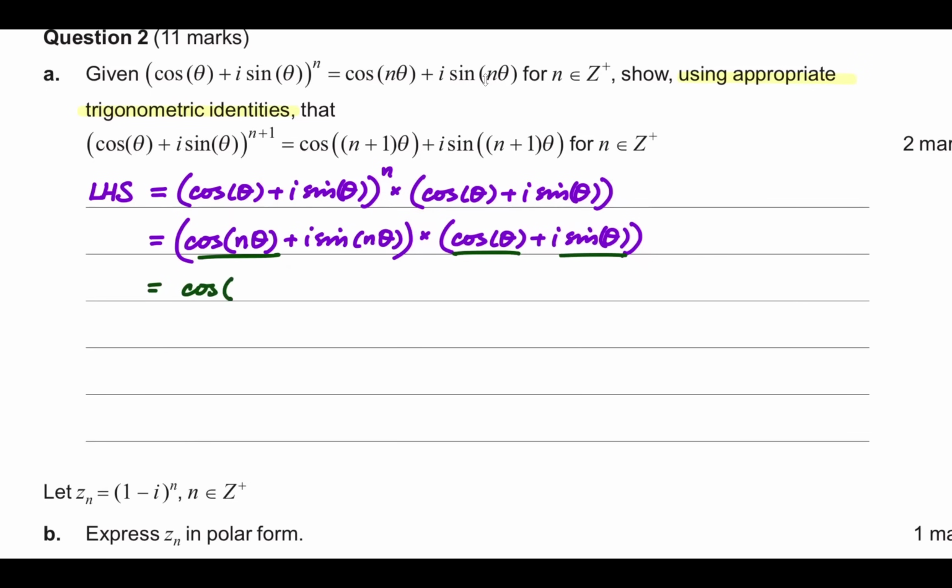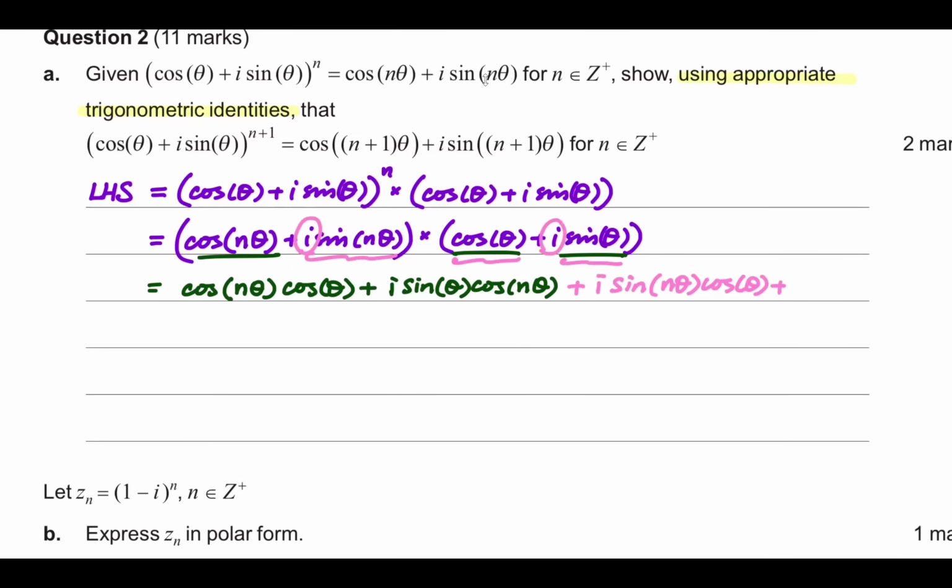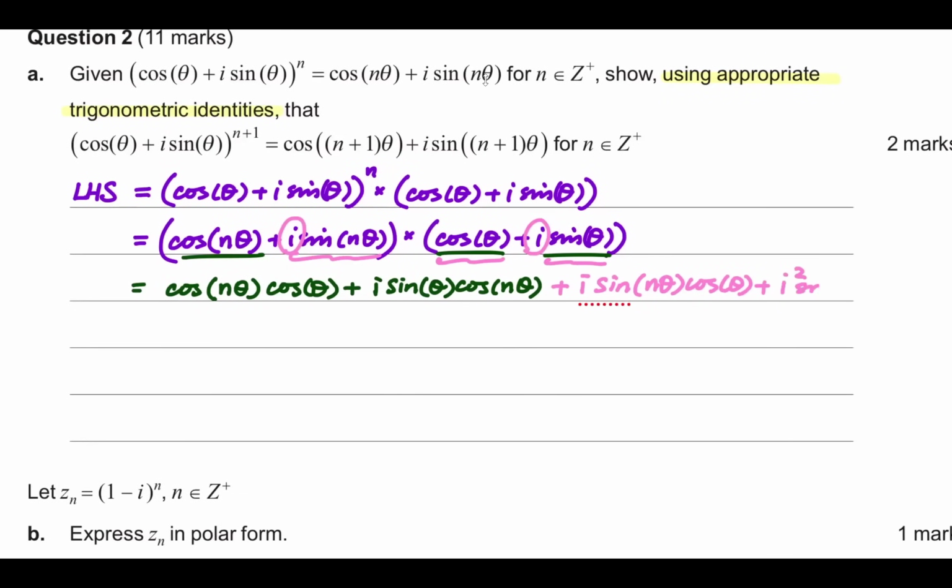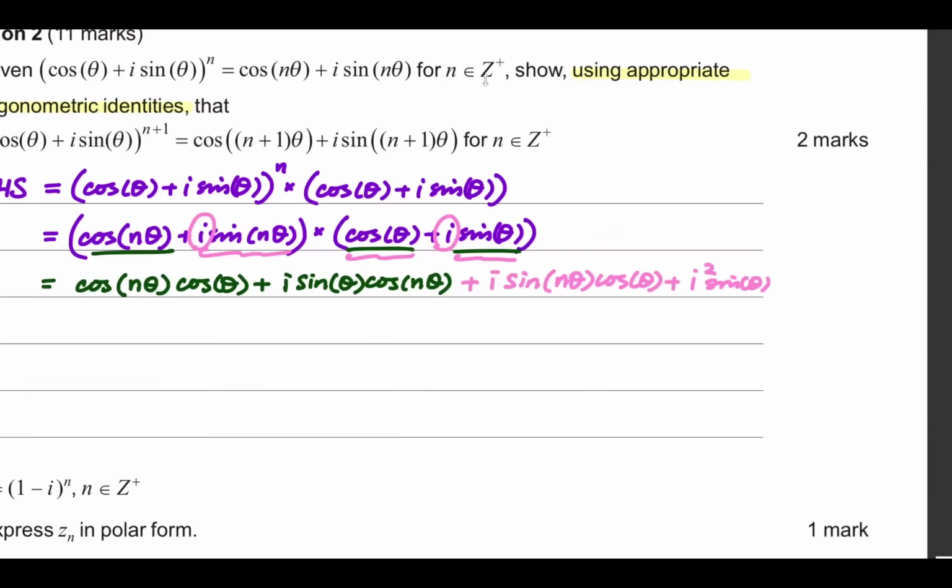So use the distributive law: cos n theta times cos theta, plus i sin theta cos n theta, and then you need to multiply these terms out. So you get plus i sin n theta cos theta, plus, be aware, i squared sin theta times sin n theta.